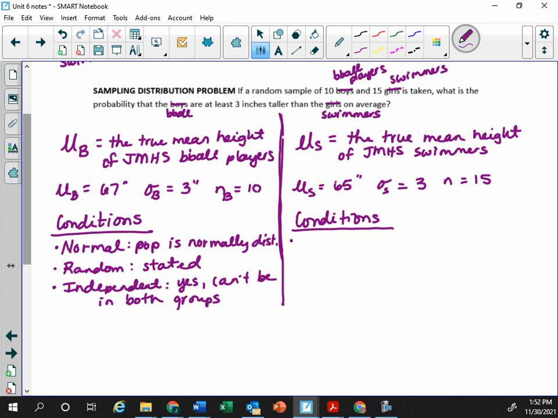Okay. So guys, when we do the conditions for the swimmers, what do you think? Are they pretty much going to be exactly the same? Yes. Is it annoying that you have to write it twice? Yes. You'll do it anyway, though, okay? So normal, because they said the population is normally distributed. Random was stated.